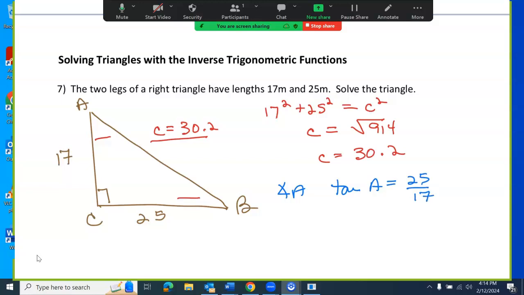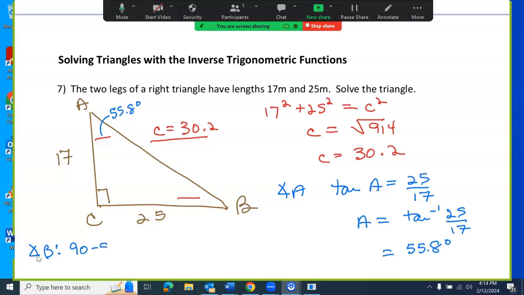To get my angle, I'm going to take the inverse tan of 25 over 17 in my calculator in degrees, and I'm getting 55.8 degrees right here for my answer.